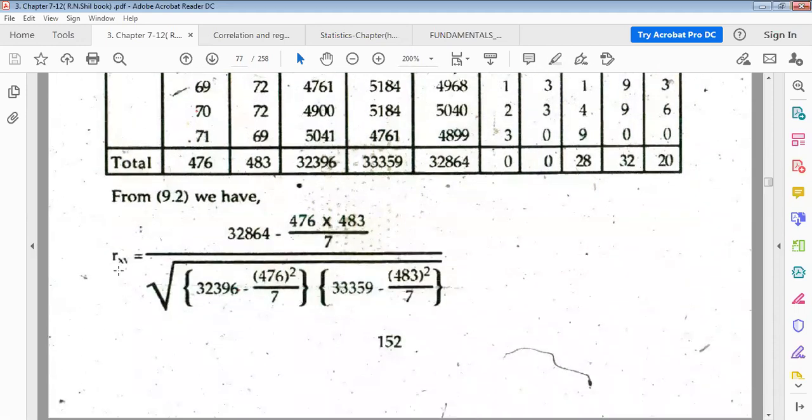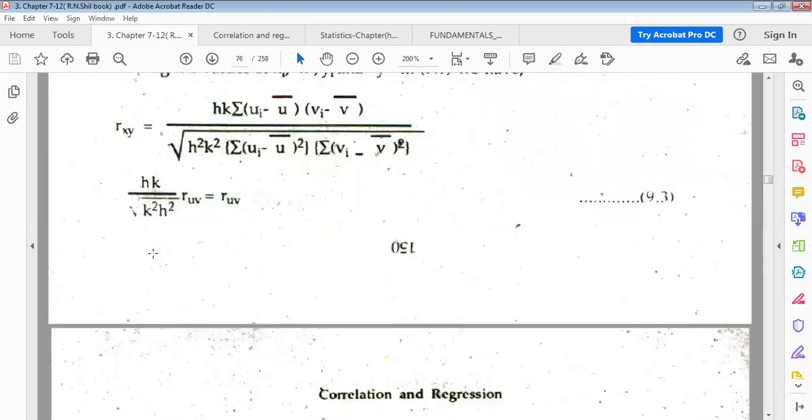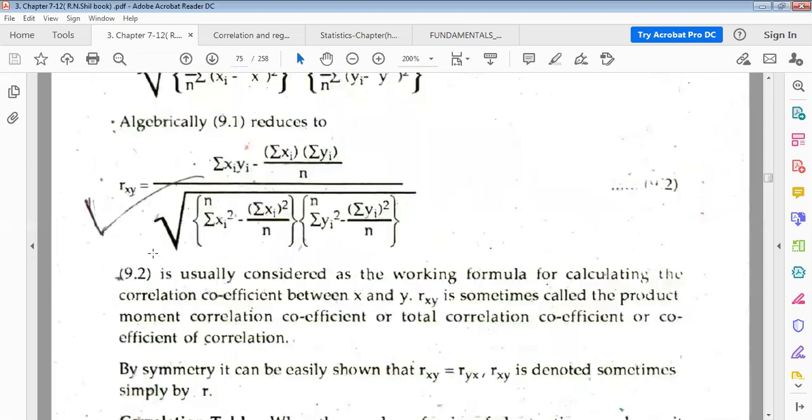So we know the formula of the correlation coefficient between x and y. Do you know which formula we use? Using this formula, the correlation coefficient rxy equals summation xi yi minus summation xi summation yi divided by n, over the square root of summation xi square minus summation xi divided by n, whole square.